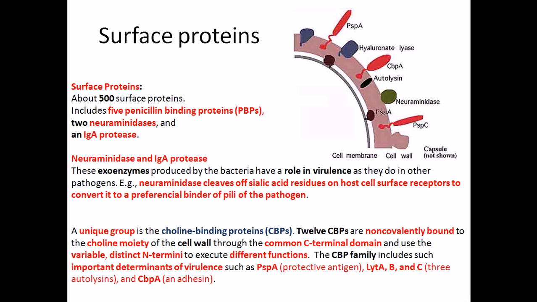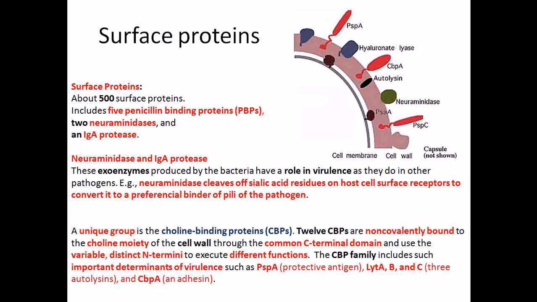Normally the CBP family includes such important determinants of virulence as PspA, which is an example of a protective antigen, LytA, B, C, which are autolysins, and CbpA, which is again an adhesin. All of them, PspA, LytA, B, C and CbpA, are among the choline binding protein family.